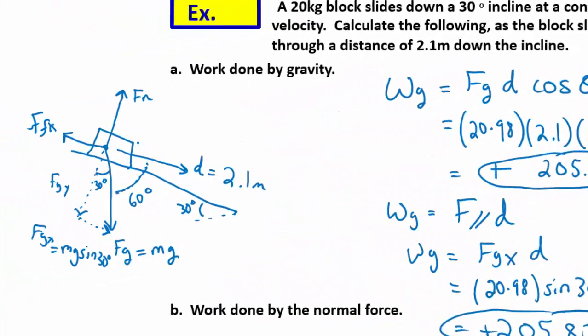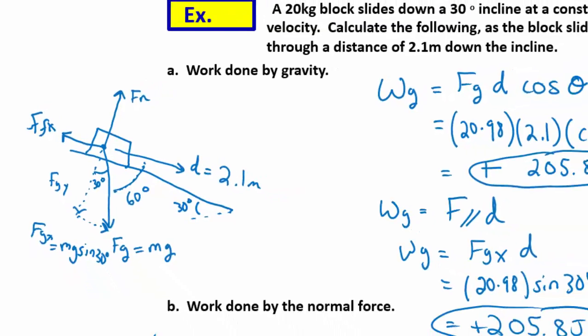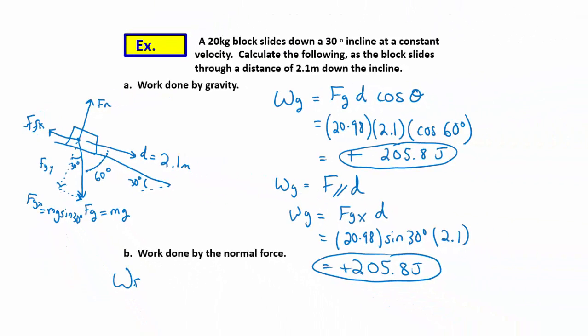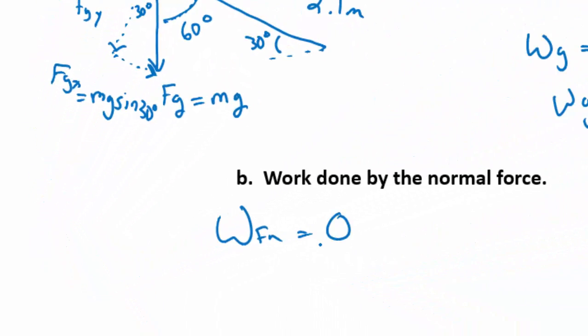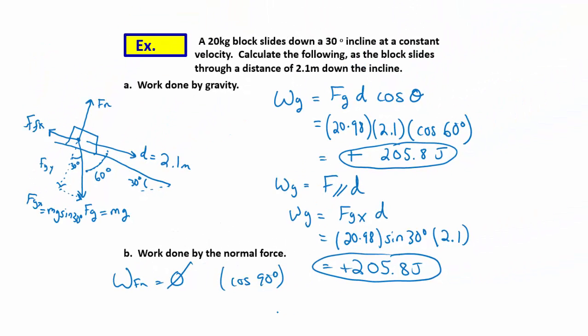When I look at the normal force and the direction of the displacement, we're going to notice that the angle is 90 degrees. So the work done by the normal force is going to be 0, because cosine of 90 degrees, in that first equation, makes it go to 0. So normal force didn't actually do any work here.